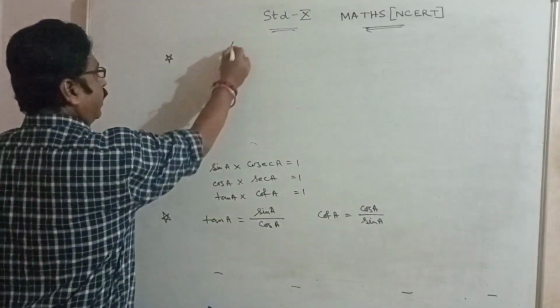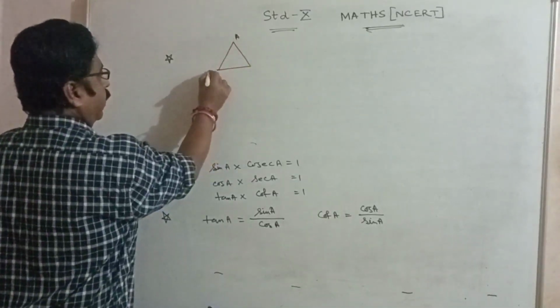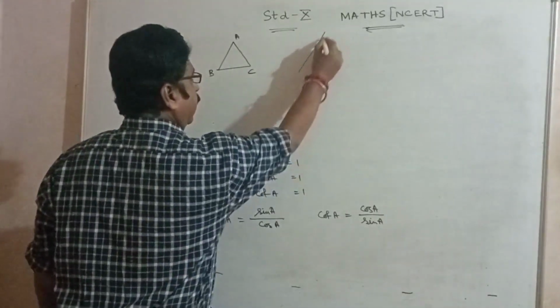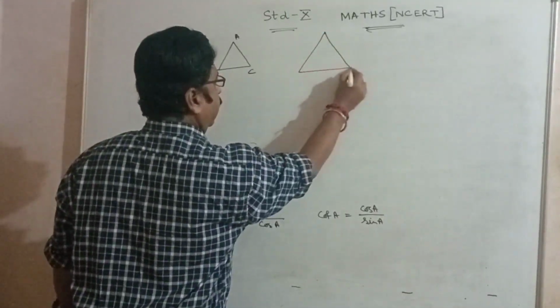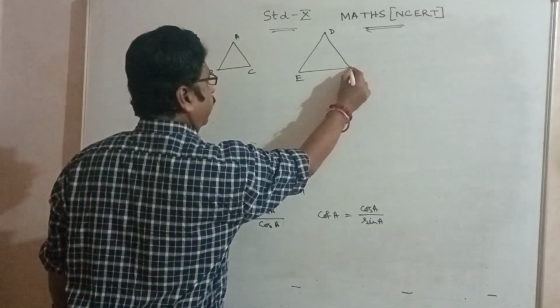Suppose these are two triangles ABC and DEF.